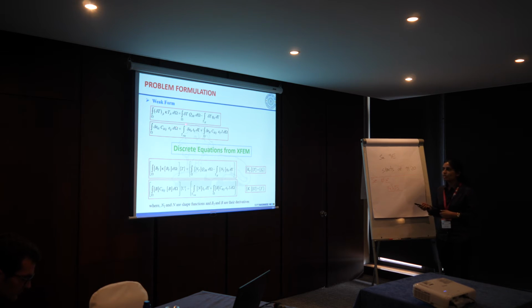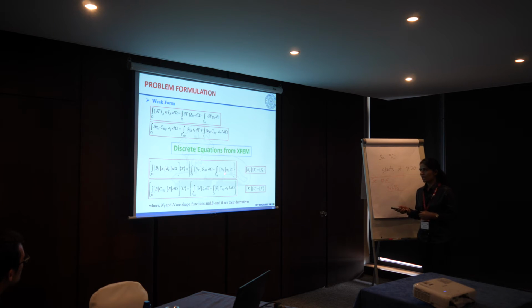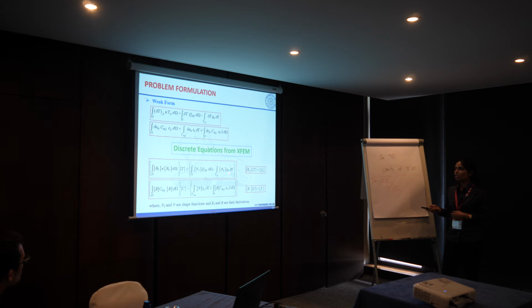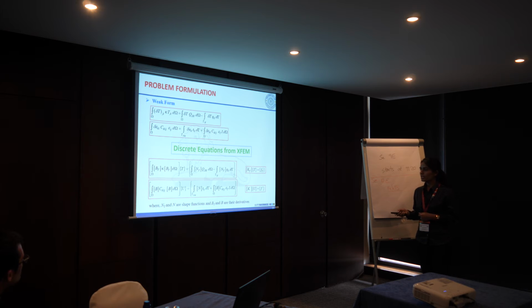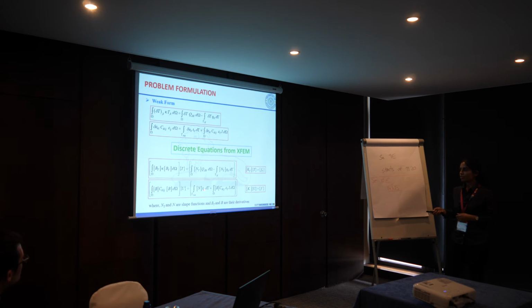If we now substitute these primary variables, which are temperature and displacement, in the form of approximate field equations, those equations are defined with the help of shape functions, and N_T is defined for the thermal field, N is for the displacement field. The derivatives are defined with the help of B_T and B. B_T is the derivative of shape functions for the thermal case, and B represents the derivatives of the shape functions for the elastic case.